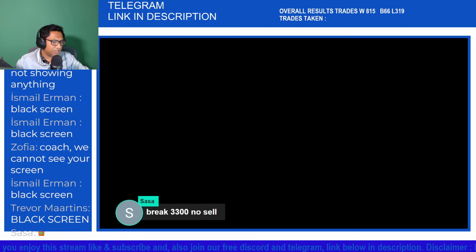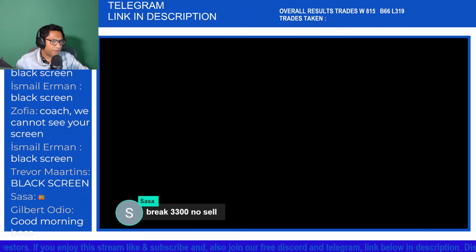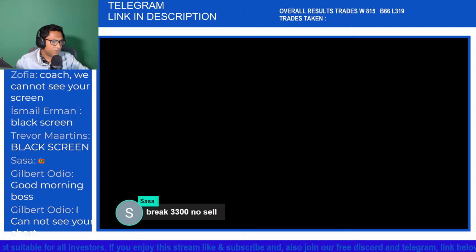And getting the rejection, getting that reaction here with a big bearish candle. So you can see the market after forming a double top, it's getting a complete rejection from the top.